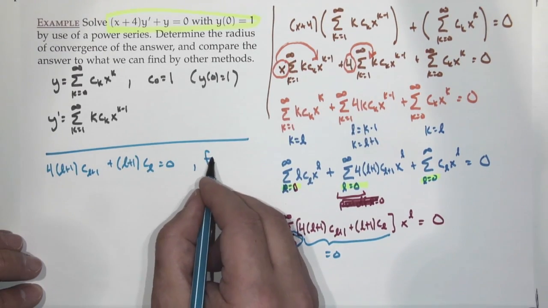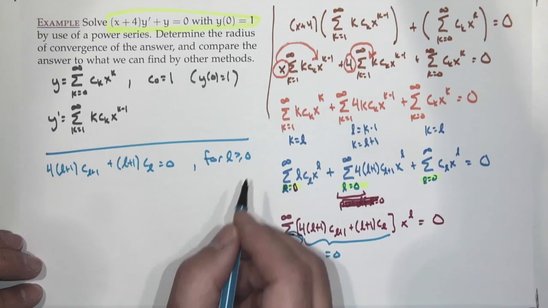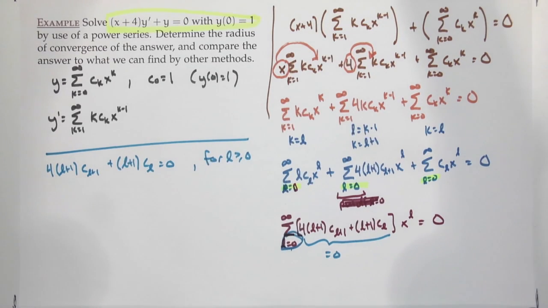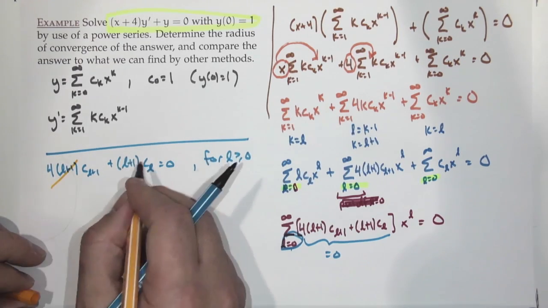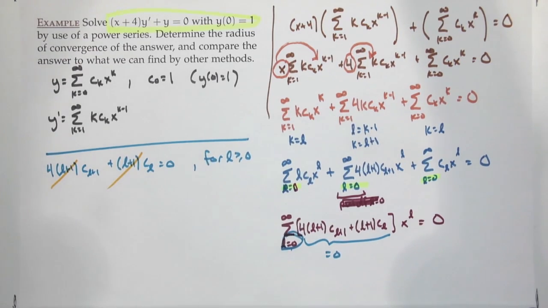And this is for L greater than or equal to 0. Well, can we simplify this? Sure. What are some things we can do to help simplify this? Yeah, we can just knock out the L plus 1s. We don't need them.